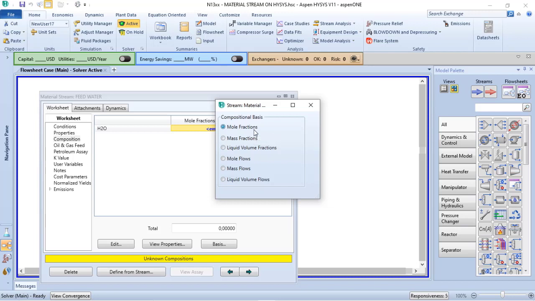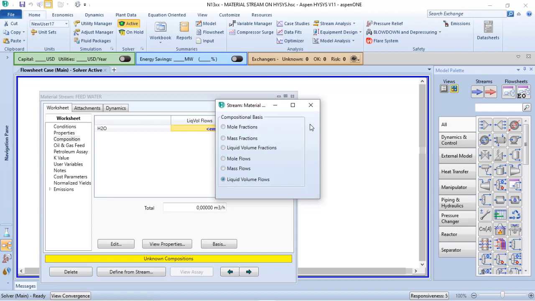In this case, as I have only water, it's mandatory that I have 100% mole fraction. But I can also specify mass fraction, liquid volume fraction, mole flow, mass flow, and also liquid volume flow. And here is where the misunderstanding happens, because Aspen Hysys has different types of liquid volume flow. And we'll talk about that a little bit in this video.